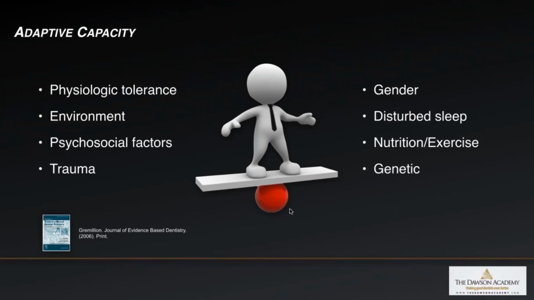Each of those can play into a patient becoming symptomatic or not. The psychosocial factors could be anxiety and stress, and they can have a negative effect on the patient. Abuse history could be a feature in somebody with TMD chronic pain. Regarding gender, females are between 6 to 1 and 9 to 1 more commonly affected. Sleep can play into something like this.